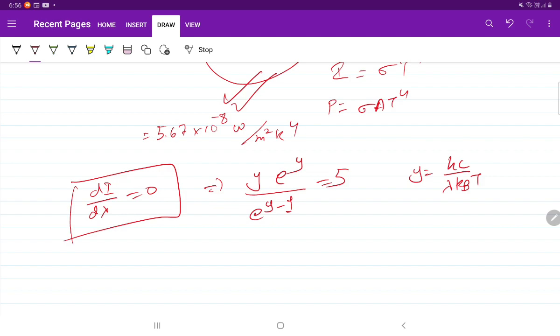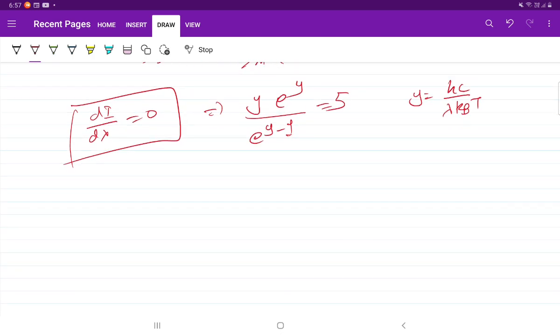And you know this is a transcendental equation. We need to find an approximate solution. We cannot get the exact solutions because this equation is weird. So we need to find the intersection with the graphs. You can use this and find the intersection between 1 minus 1 by e to the power y is equal to y by 5. Then you will end up with a result y is equal to 4.965.